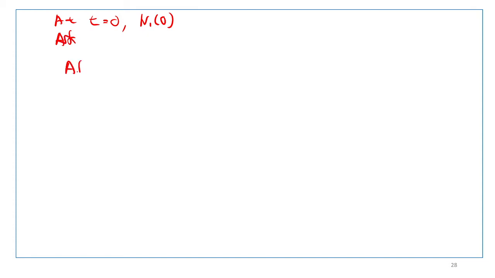After one half-life, it becomes N10 over 2, it becomes half, as the definition of half-life is that the number of nuclides is reduced by half.